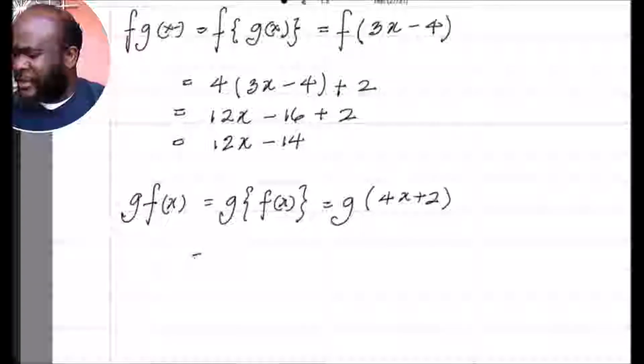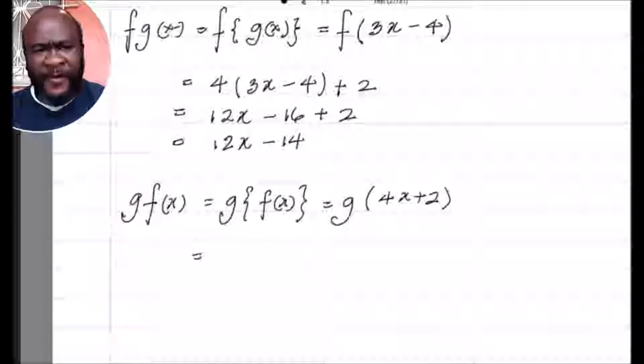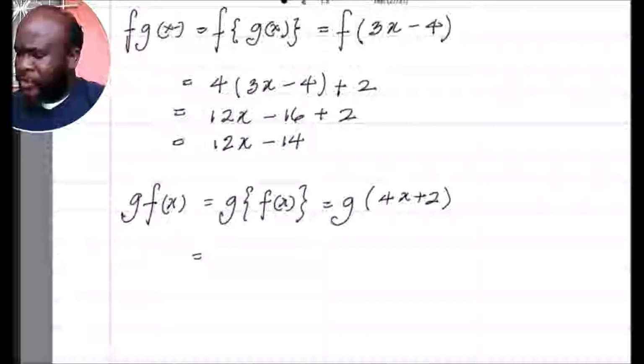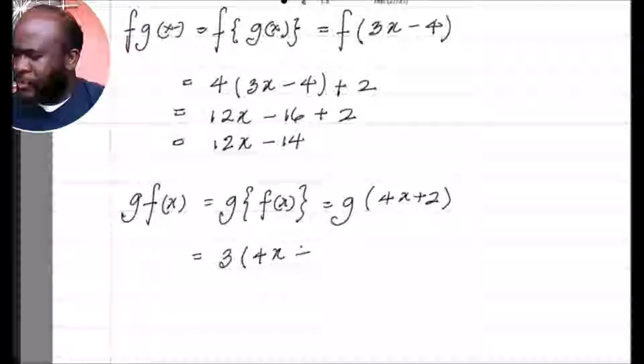So what this is saying is that to find g of f of x, in g, wherever I see x, I'm going to take out x and put f. So g says 3x minus 4. So this is 3, and I'm going to take out x and put f, which is 4x plus 2, minus 4.